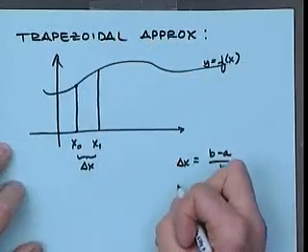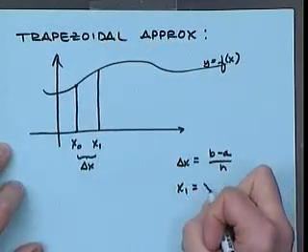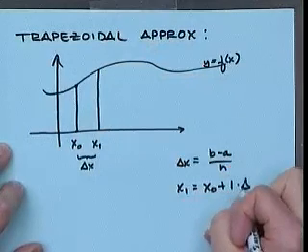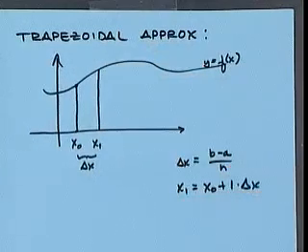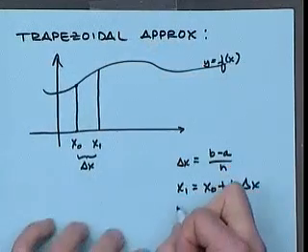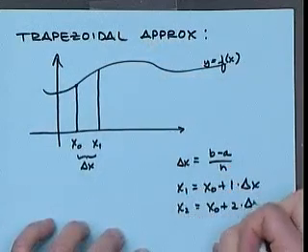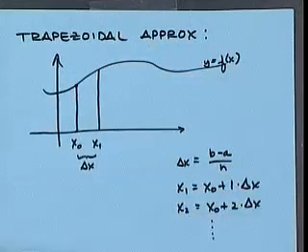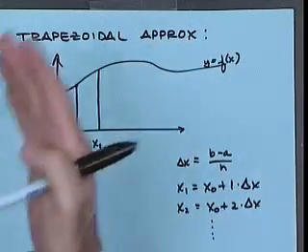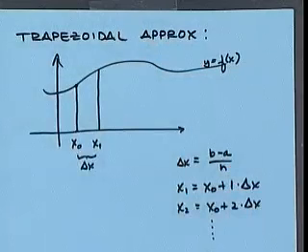So x sub 1 is really x sub 0 plus 1 delta x. X sub 2 is going to be x sub 0 plus 2 delta x's, and so on. So we're going to add a delta x each time we go over to a new x value.